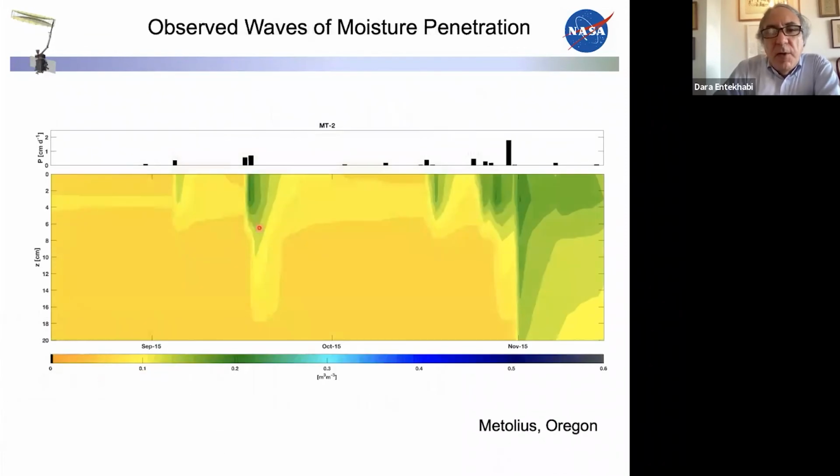And if you look at observations alone, this is a depth versus time. You see these waves that determine the hydrologic depth. So you see the wetting and the drying and different penetrations depending on the average soil moisture. So the question is, if I sense within the emission depth, how much of the hydrologic depth do I know? They're linked together. It's not like the surface and the subsurface are uncorrelated, and there's no information cliff at 5 centimeters.